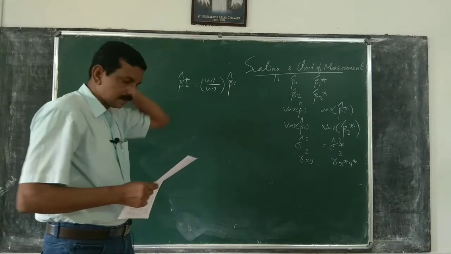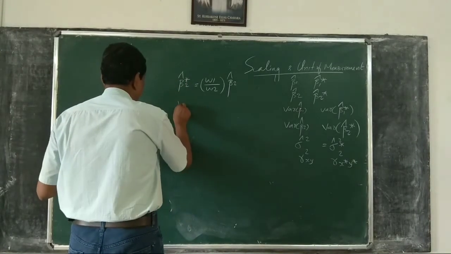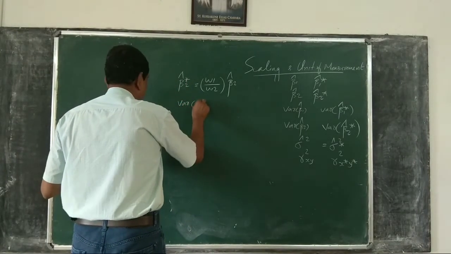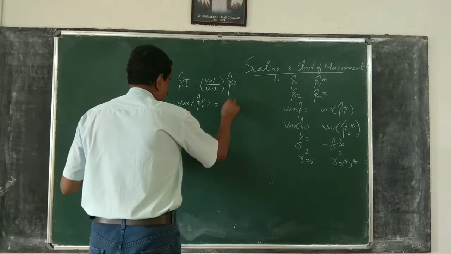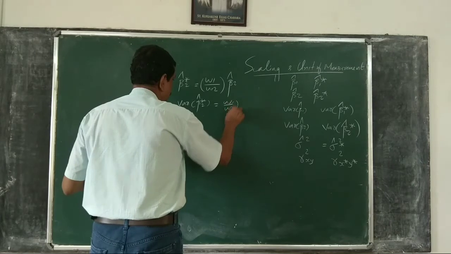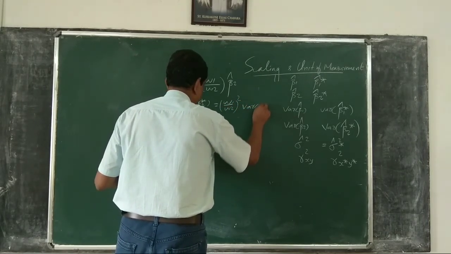And also variance of beta hat star 2 is equal to W1 by W2 square into variance of beta 2 hat.